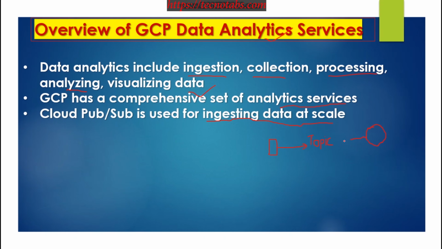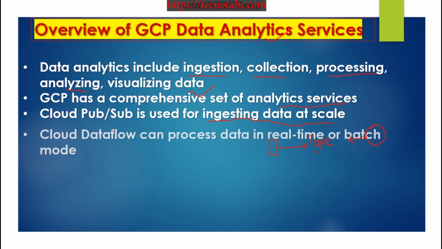Whenever the sensor data changes, it will be published to that topic, and the end user who has subscribed will receive the data in real time. This can also be used for sending logs to a particular topic.